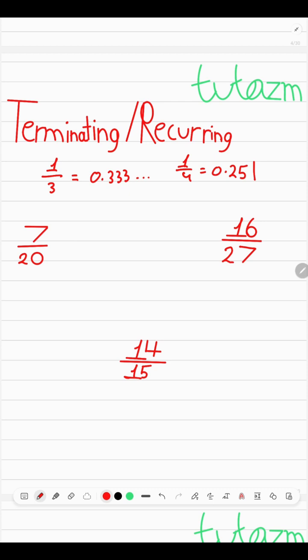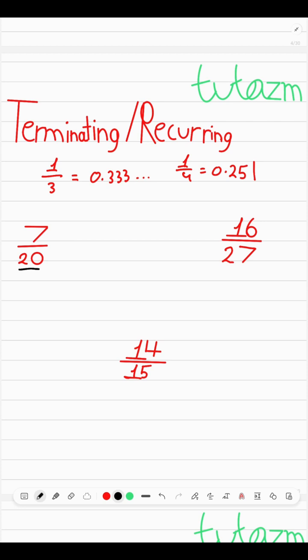So in this specification you need to know how you can determine whether a fraction is terminating or recurring. Now in order to do this, you have to look at the denominator, the number at the bottom of the fraction. If its product of prime factors contains numbers other than 2 and 5, then it will be a recurring decimal.